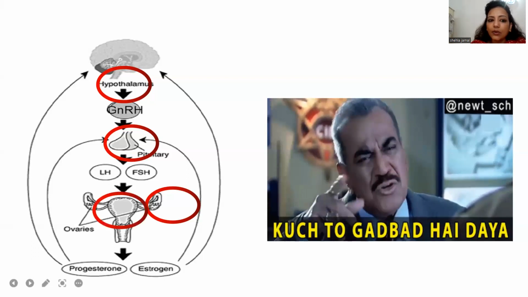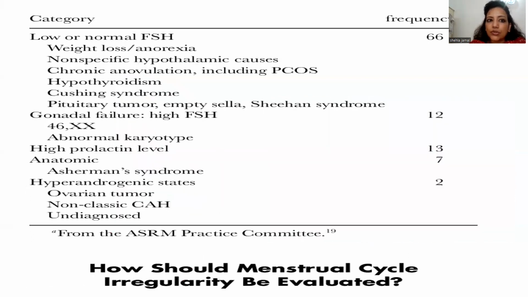So while finding this out, first you have to see how menstrual cycle irregularity, especially secondary amenorrhea, should be evaluated. When we evaluate, as I told, central, pituitary, ovarian, and uterine causes have to be ruled out.